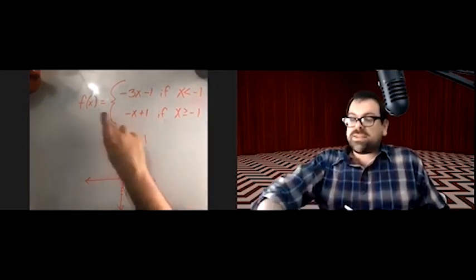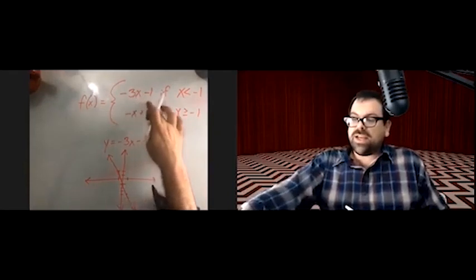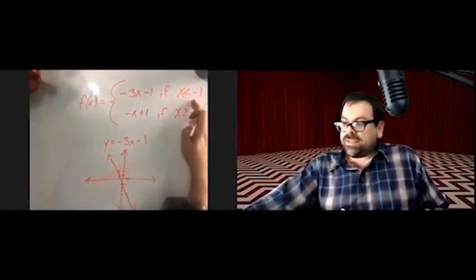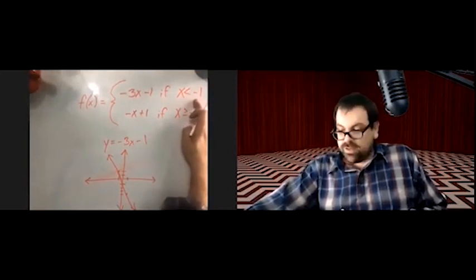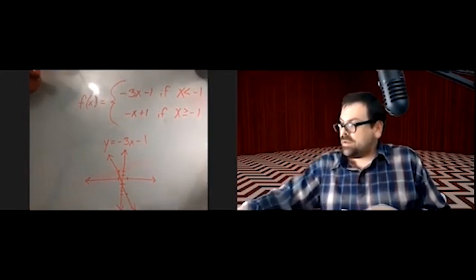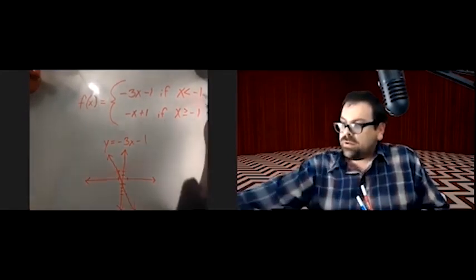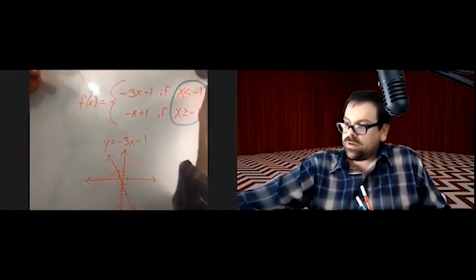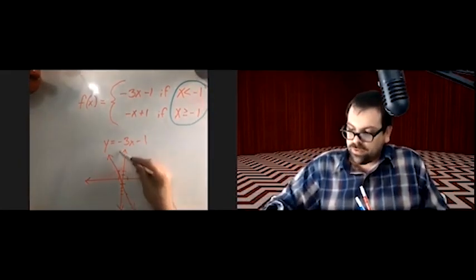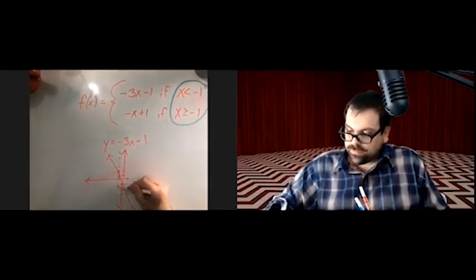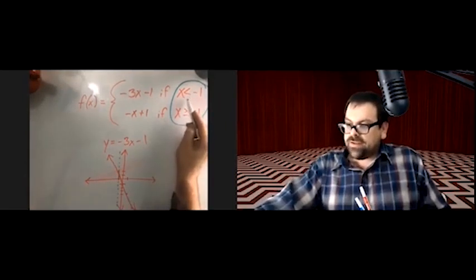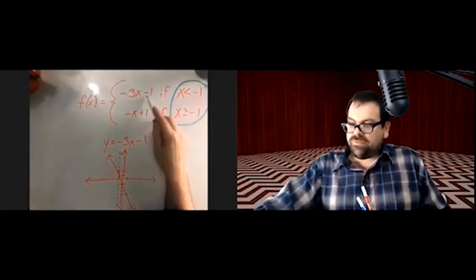Now, what this means, f of x equals -3x minus 1 if x is less than -1, is that at this -1 barrier, where we're split into less than and greater than or equal, when x is less than -1, we have this graph.